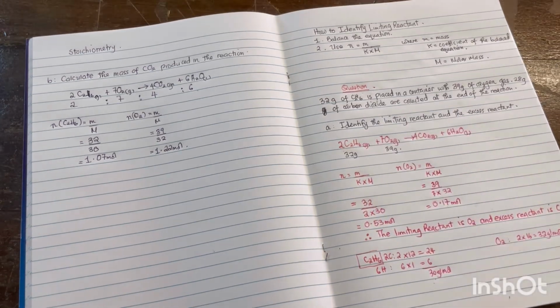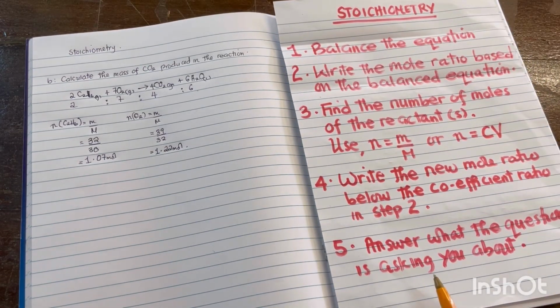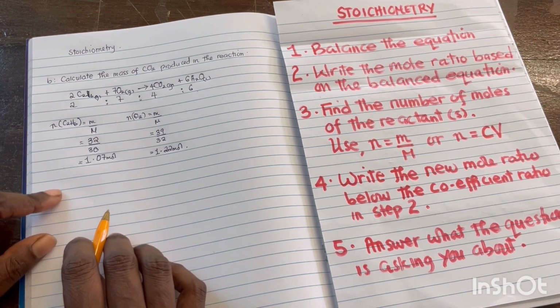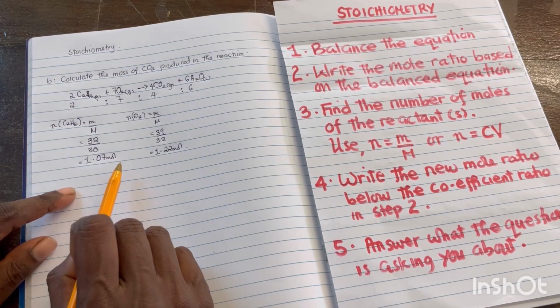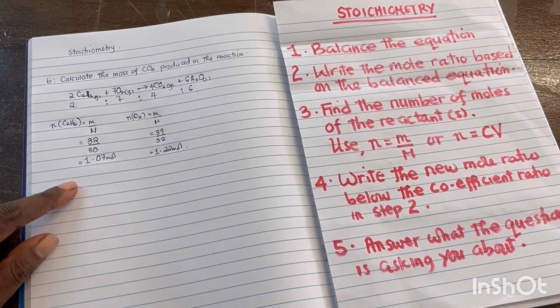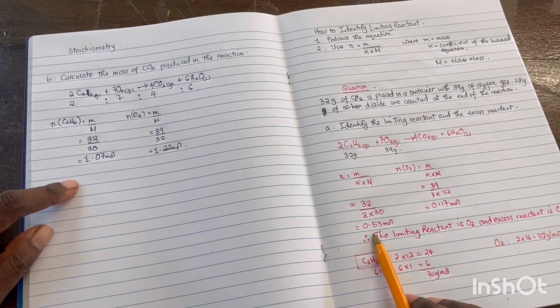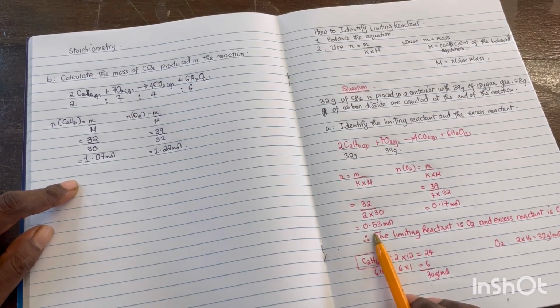Okay, now step number 4. Write down the new mole ratio below the coefficient ratio in step 2. Alright, so before that, we've got to identify our limiting reactant and the excess reactant. In our first question here, we have already identified the limiting reactant.